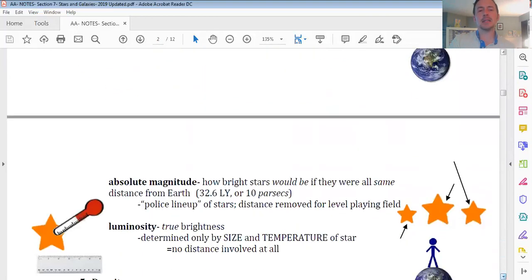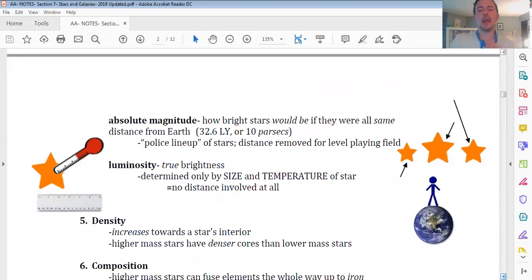But one thing science likes to do, everybody, is level the playing field so that comparisons can be even. And that's where we get absolute magnitude. I often call this the police lineup of stars because, as you might know from watching detective or crime shows on TV, if police apprehend a suspect and bring a witness in, what they'll often do to strengthen their case is stand that suspect right beside other similar looking people for an even comparison.